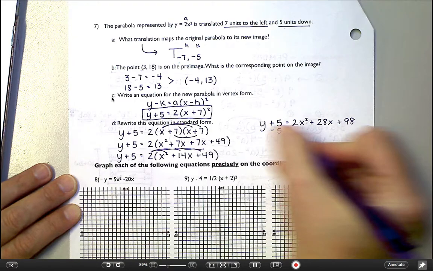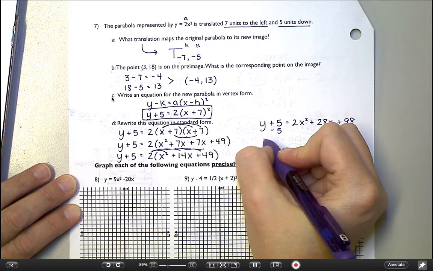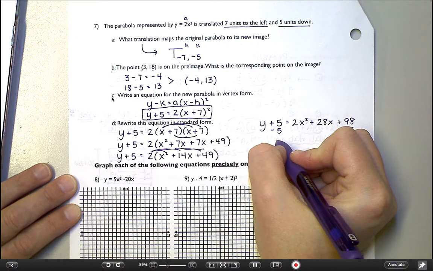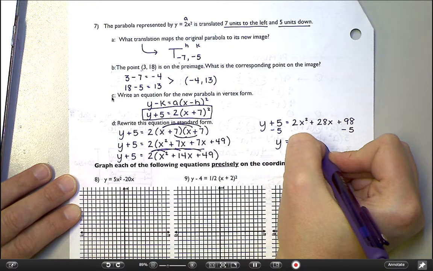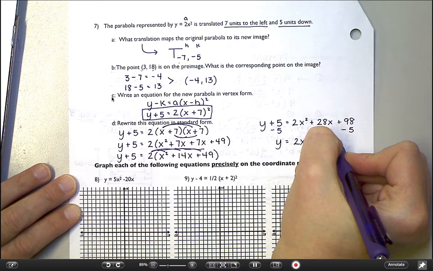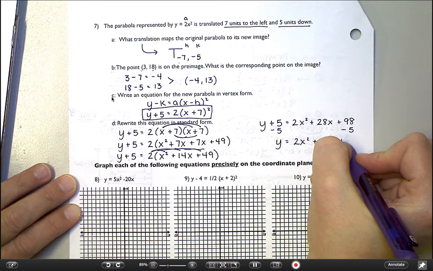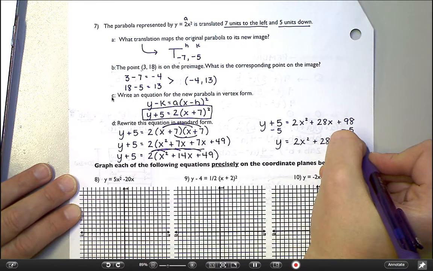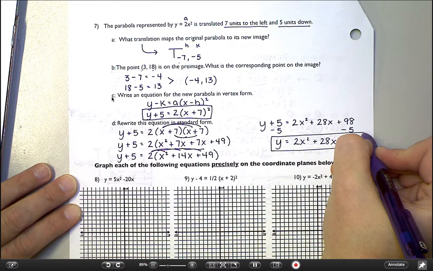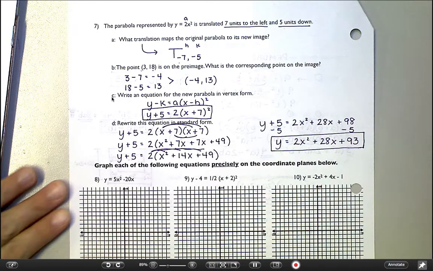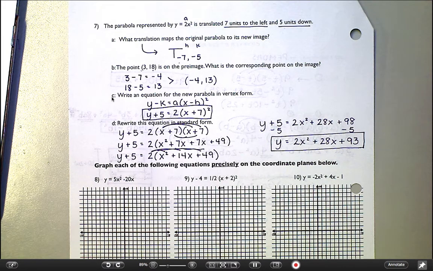So -5 minus 5. Again, doesn't matter if you did that before. It's still going to be the very last thing you put together here. So 2x squared plus 28x, and then 98 minus 5 would be 93. And there you go. That would be your parabola in standard form.